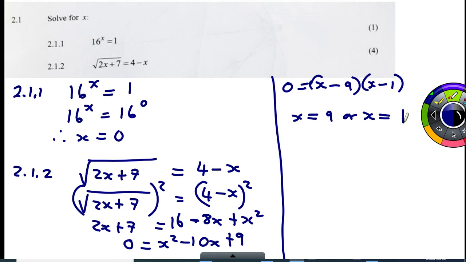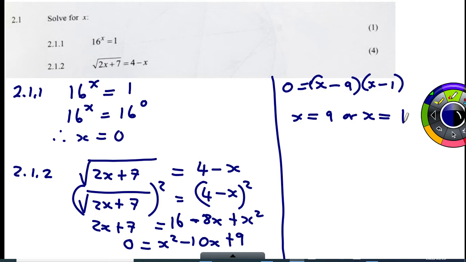So if you put 9 here, 9 times 2 gives us 18. 18 plus 7, 25. The square root of 25 is a 5. 4 minus 9, that will give us minus 5. So we have a problem. Which means x equal to 9 is not really a solution. Okay?